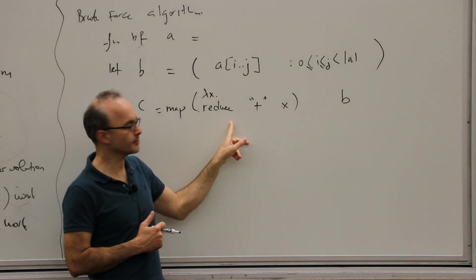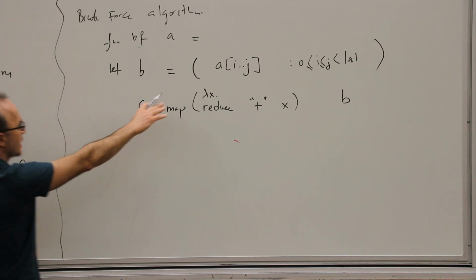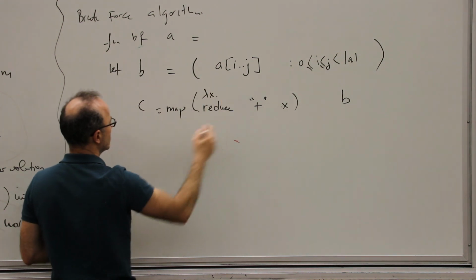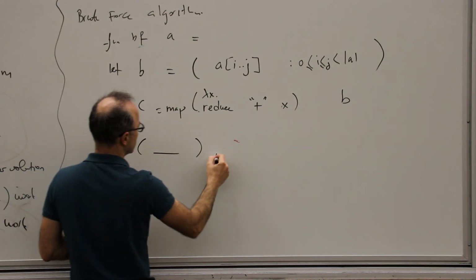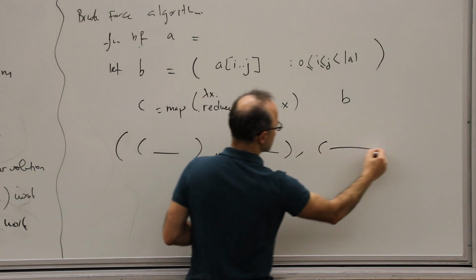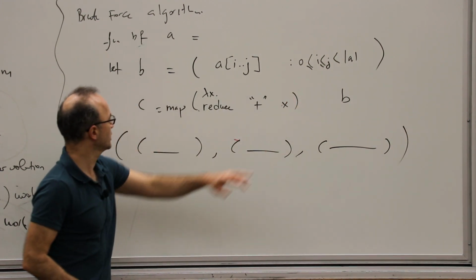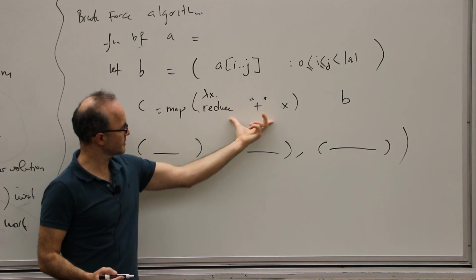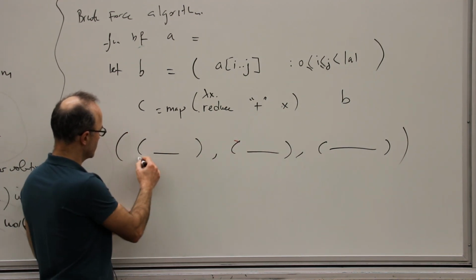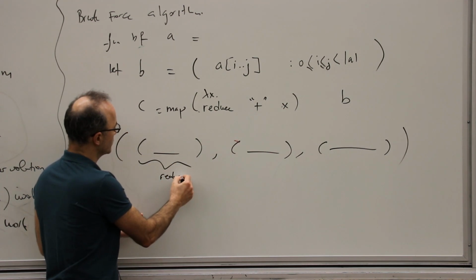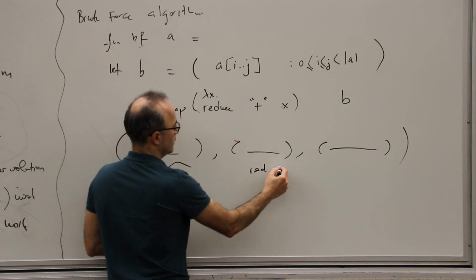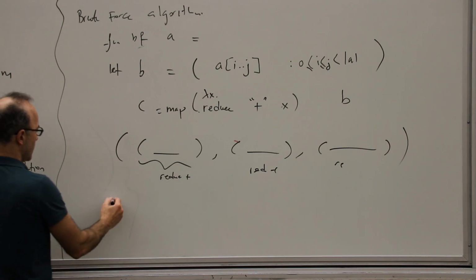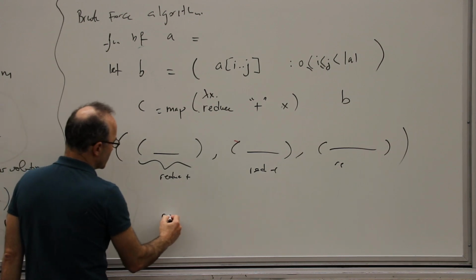Is that clear, everybody? What we get here is a sequence of sequences, like this. These are some numbers. Now I'm mapping this reduce plus function on each one, and that gives me the sum of each one. And then I do another reduce to pick the max.